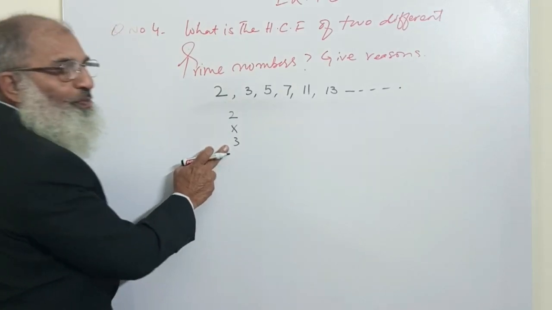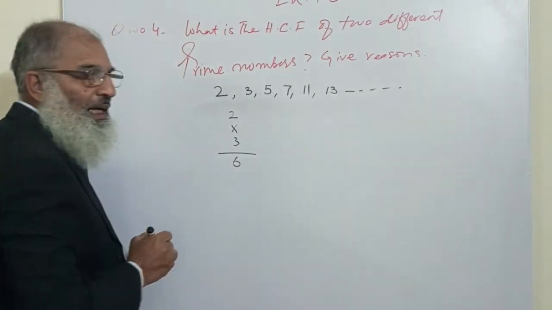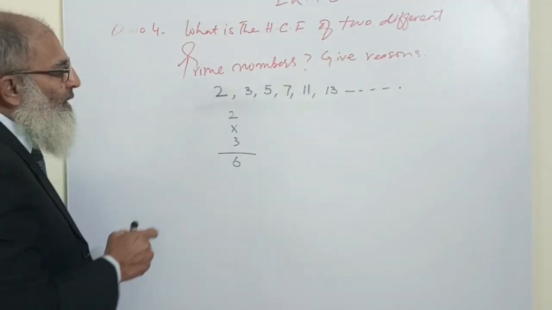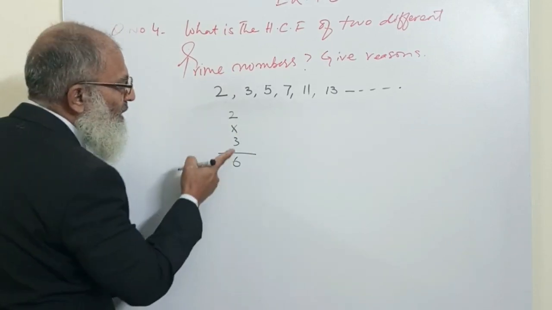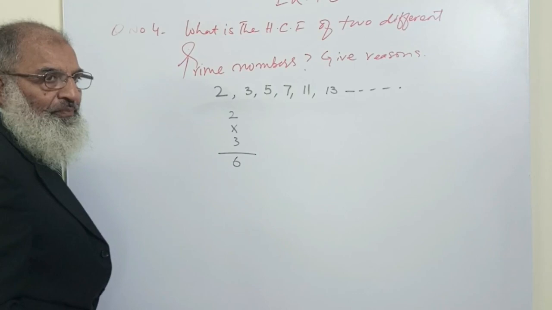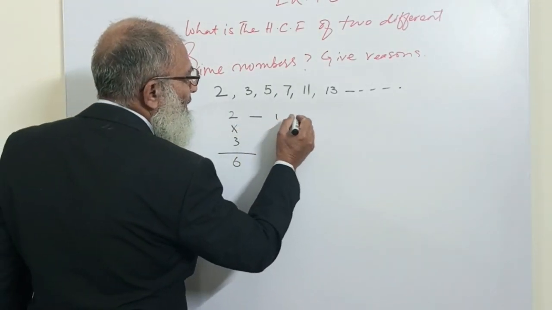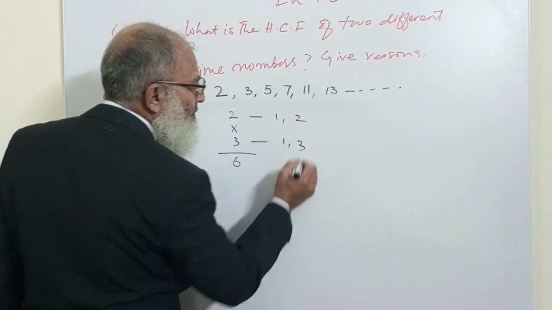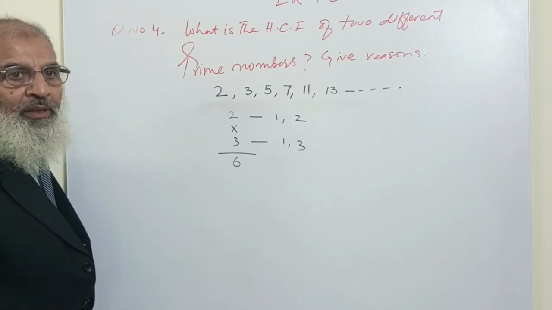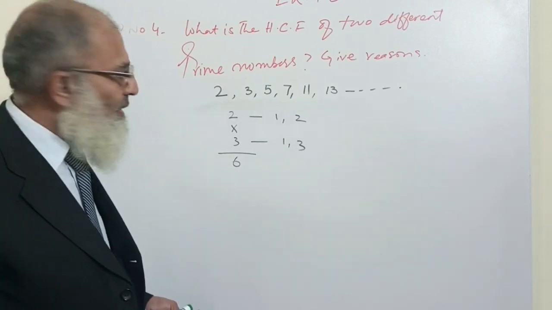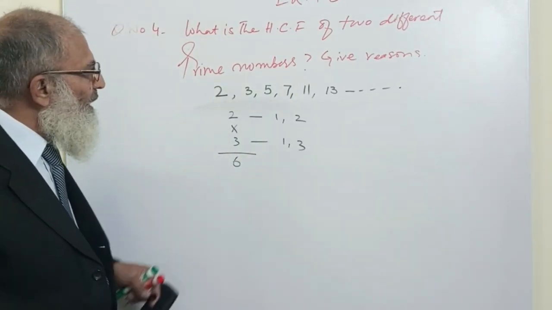So when we get two prime numbers, we always multiply them to get the HCF, because now you see that this 6 can be divisible by 2, this 6 can be divisible by 3, and if I get to their factors, these are 2 and these are 3, there is no common factor between them. So when you don't have any common factors, what we do? We just multiply them.